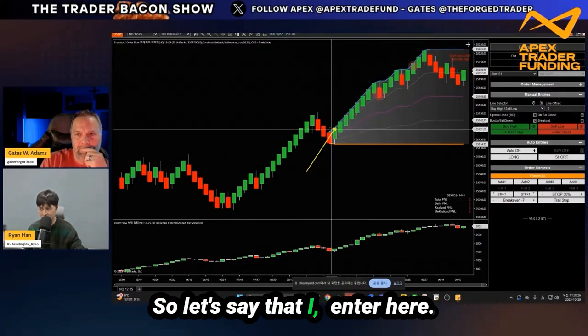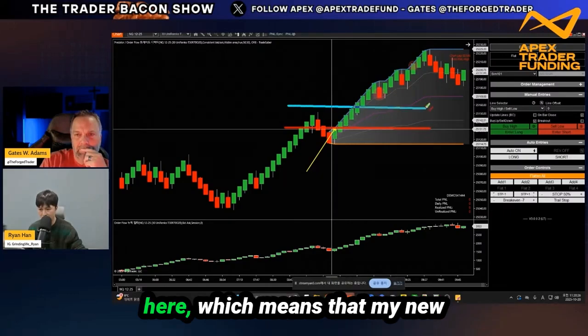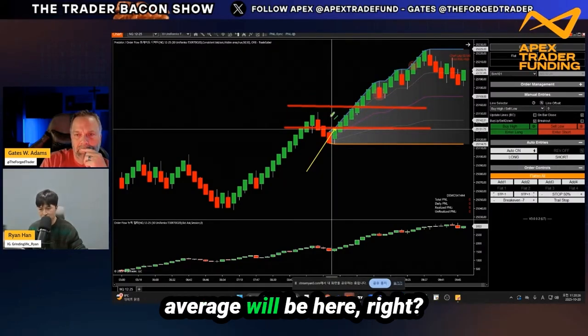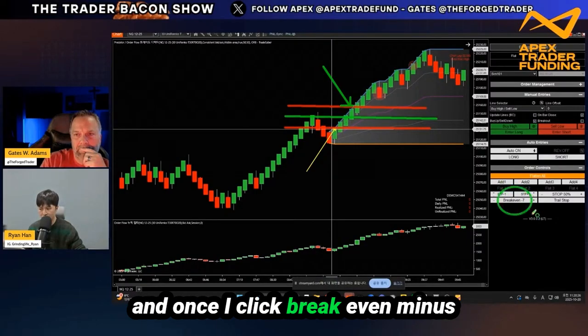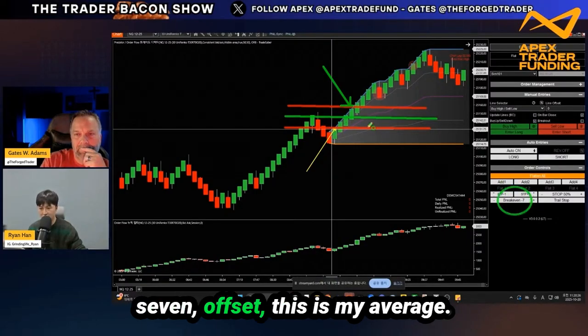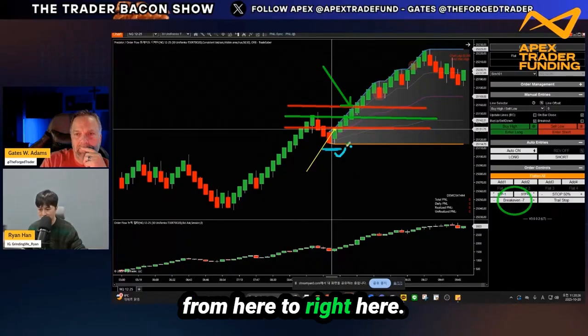So let's say that I enter here and then I add my position here, which means that my new average will be here, right? Right. So when the price is above here, and once I click break even -7 offset, this is my average. It's going to put my stop from here to right here, 7 ticks below my average price.